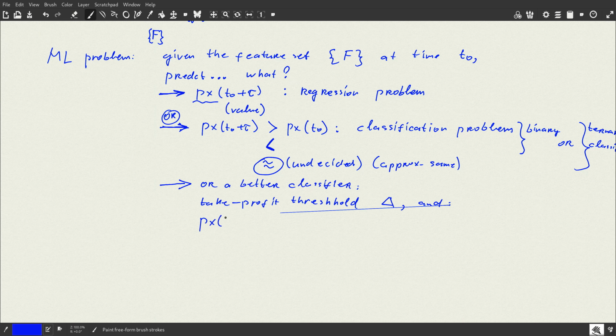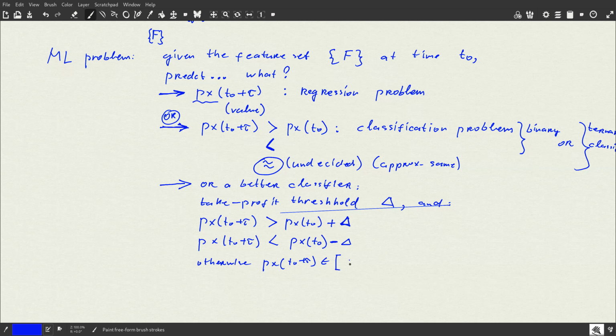Whether the price at T0 plus store is going to be greater than price at T0 plus delta, not just greater, but greater than price at T0 plus delta, or it is going to be not just less than price at T0, but less than price of T0 minus delta, or otherwise price at T0 plus store is going to be in the interval price of T0 minus delta, price of T0 plus delta.